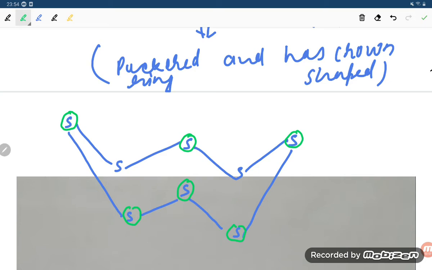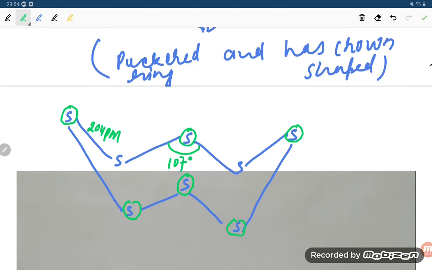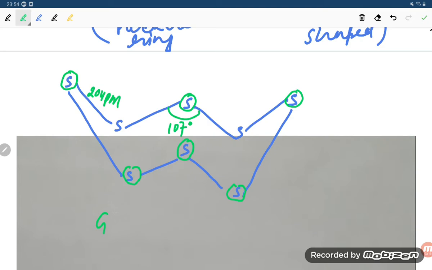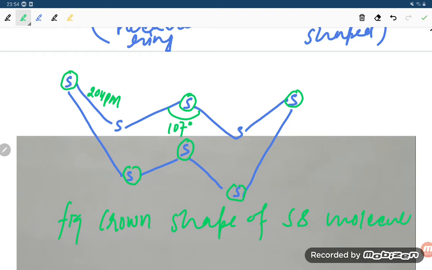Here, students, you can see the bond length is 204 picometer, and the bond angle is 107 degree. So this is the crown shape of the S8 molecule, whether it is monoclinic or rhombic sulfur.